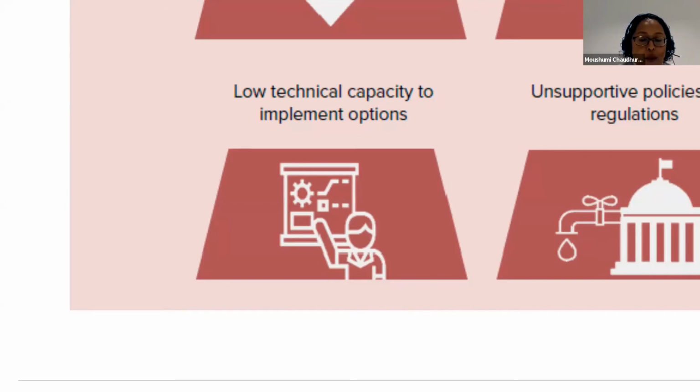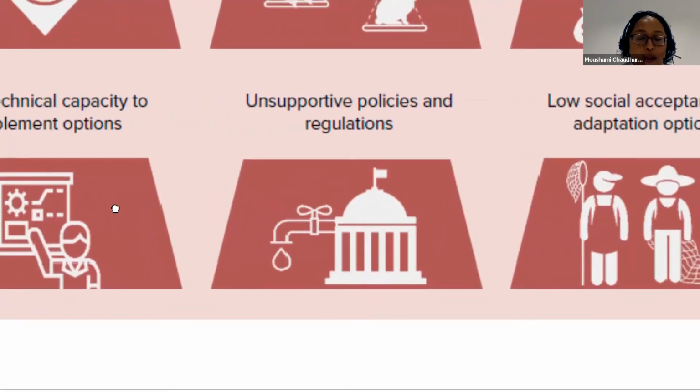And going back to the issue of being well connected to the government, another barrier is unsupportive policies. And of course, there could be unsupportive policies that small enterprises could face that could prevent them from accessing water in a cost-effective manner, for instance.